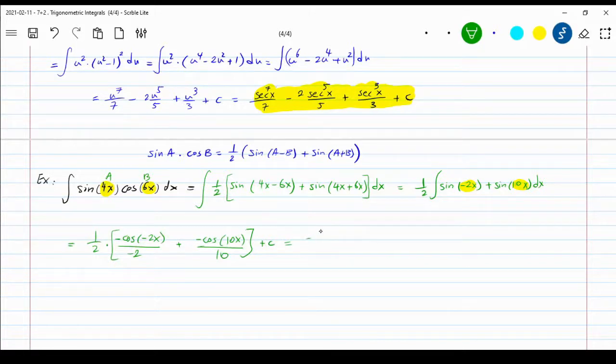Simplify this, it becomes minus 1/4 cosine negative 2x, minus. This is supposed to be positive because there's a negative 2 in the denominator. There we go. So plus, and then negative, so minus 1/20 cosine 10x plus some constant.